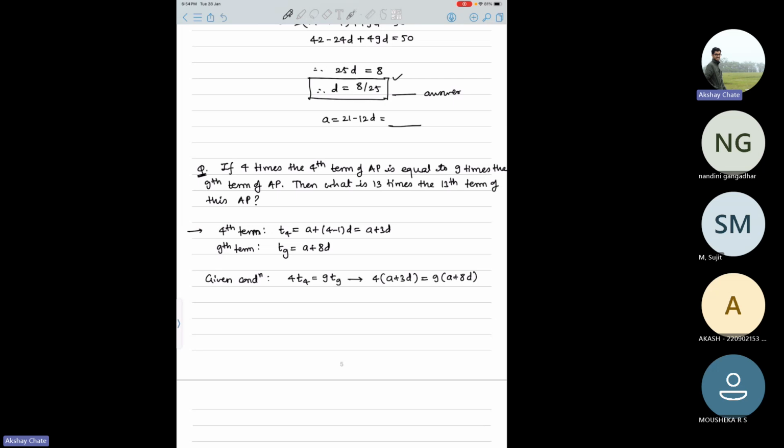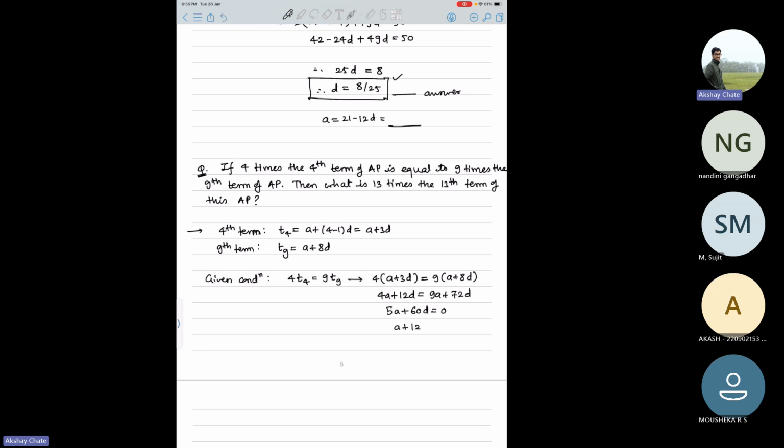So now you have to simplify. This is 4A plus 12D equal to 9A plus 72D. If you take all the terms on one side, 5A plus 60D is equal to 0. You can further simplify.